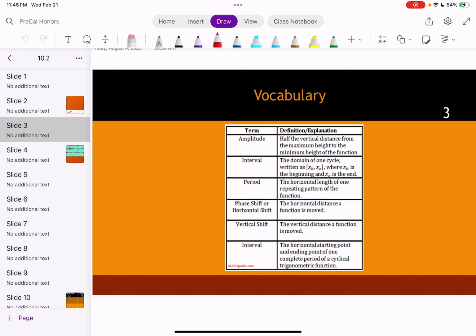The period is the horizontal length of one repeating pattern. Your horizontal shift is the shift towards the left or right or a horizontal movement. Your vertical shift is the distance moved up or down. And your interval is still the horizontal starting point and ending point of one complete period of a cyclical trig function.